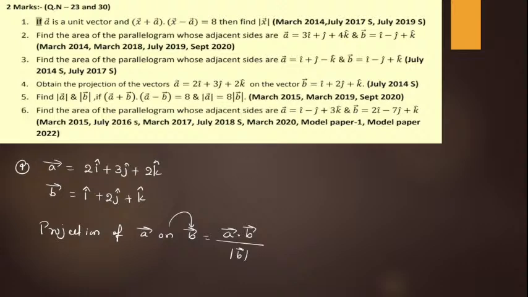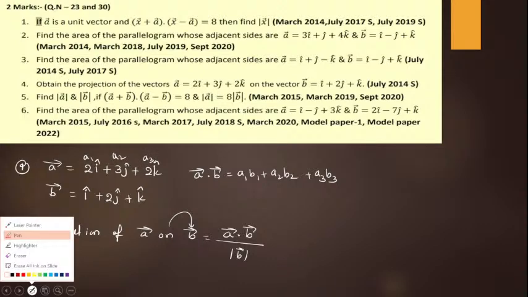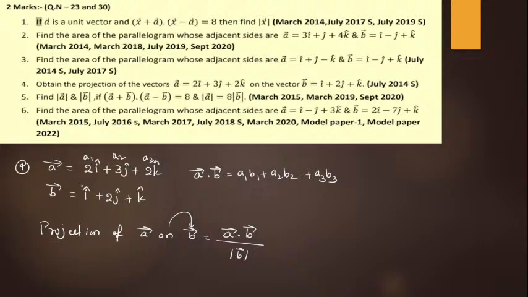Before that, you need to first find their dot product. A dot B is simply the multiplication of their corresponding i, j, k components. We have the formula A1 B1 plus A2 B2 plus A3 B3. So this will be your A1, A2, A3, and from the B vector we know the i, j, k components, that is B1, B2 and B3.